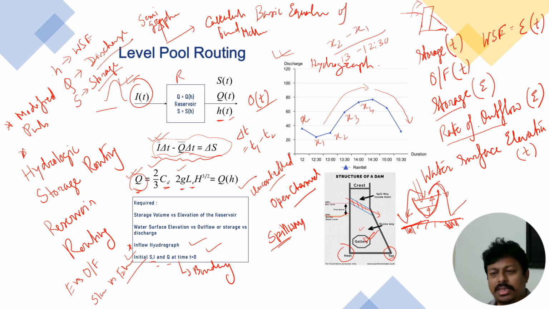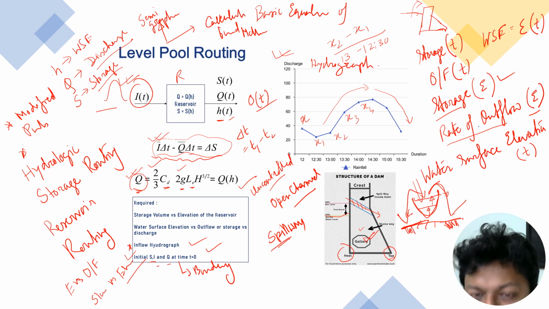So that is why we say that storage is a function of elevation or water surface elevation. The more the water surface elevation, there is certainly more water. The less the water surface elevation, there is less water. And also the rate of outflow elevation is different. So with this, I conclude this very short tutorial on level pool routing.